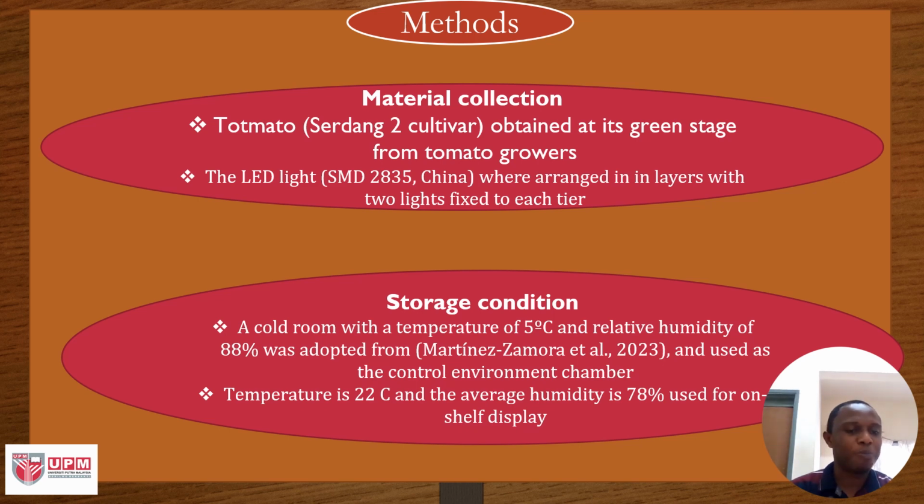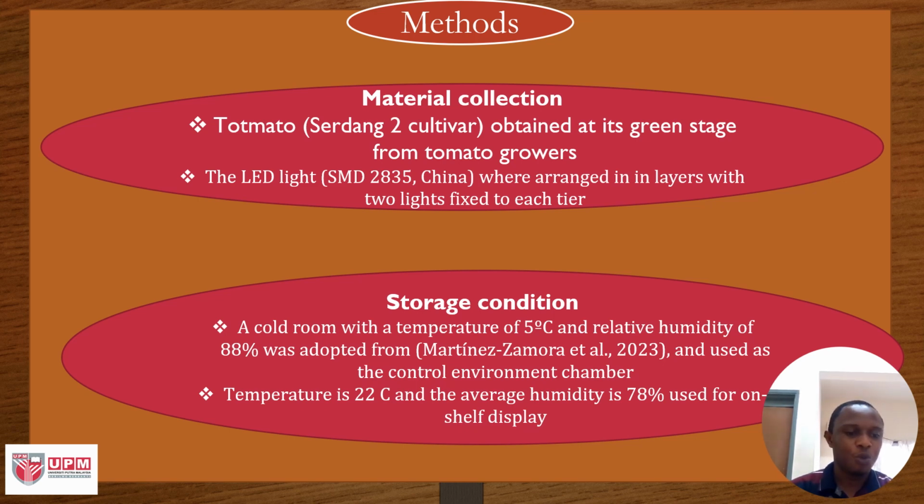In an attempt to replicate the market condition, the temperature and relative humidity of various fruit and vegetable retail shops were measured, and an average of 22 degrees Celsius and 78% relative humidity was obtained.